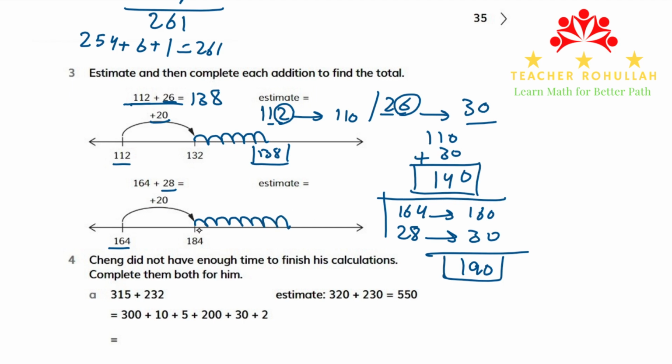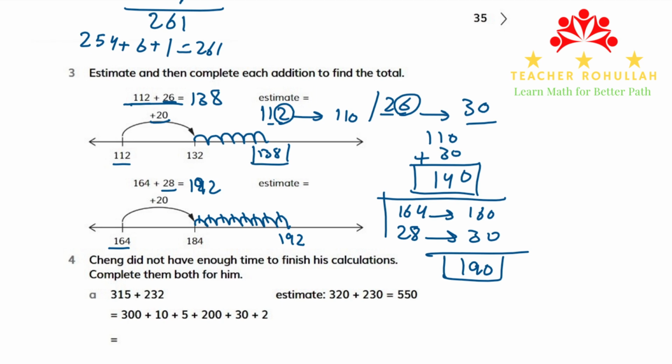So 184, 185, 186, 187, 188, 189, 190, 191, 192. So if we add 164 by 28, we get 192. So the answer here is 192, which is very close to the estimated answer.